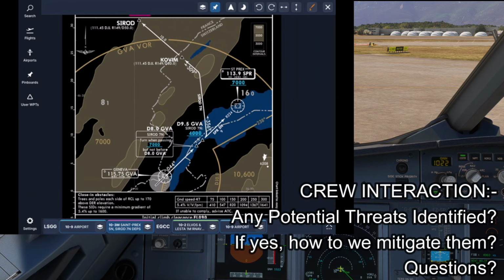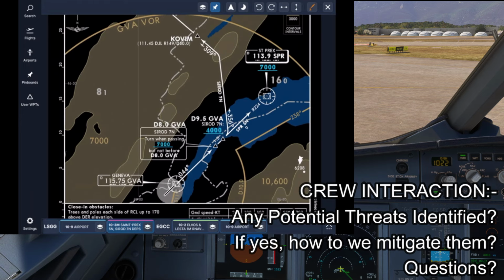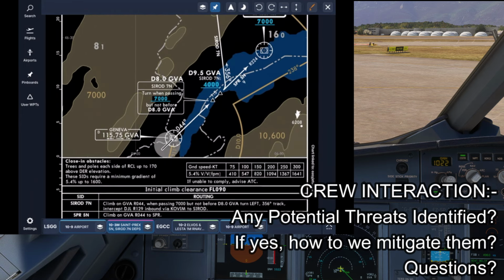So what about the potential threats then for this? Well, we've already identified the slightly short taxi and said we're going to do the flight control checks on the stand, so that tries to reduce our workload and mitigate that. The obvious threat then here in Geneva is of course the terrain. You can see we've got terrain to the north and also to the south and the east.